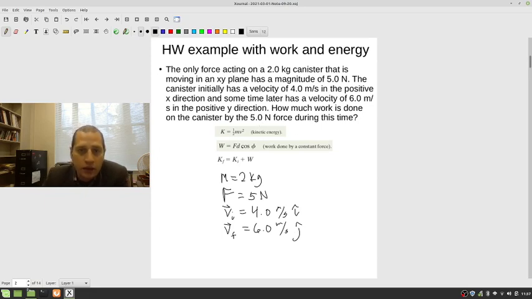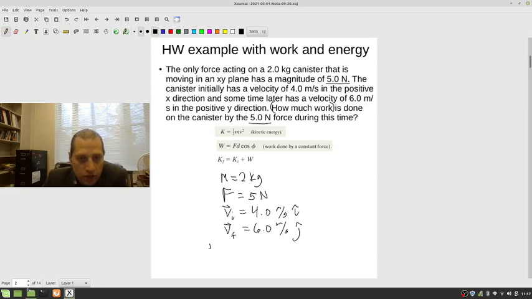Okay, now, the way the problem is written, it makes it seem like this 5 newtons is very important. But really, all it's asking you about is how much work is done. Well, look at this.